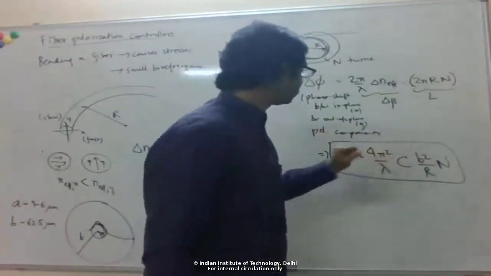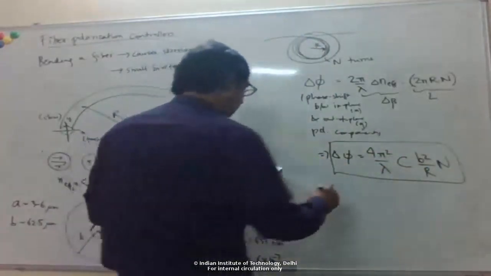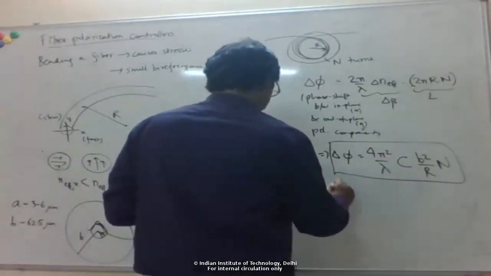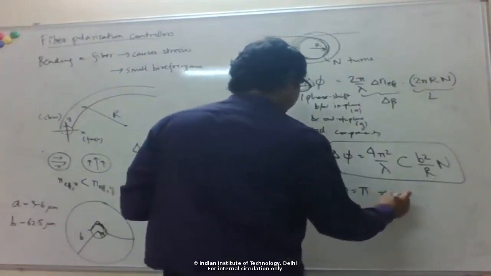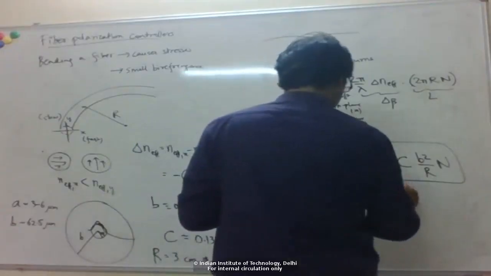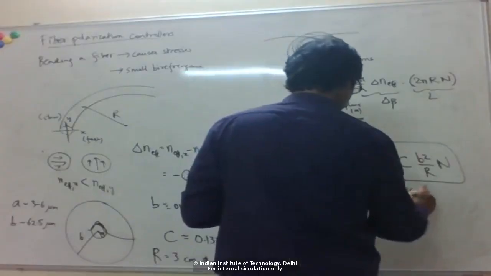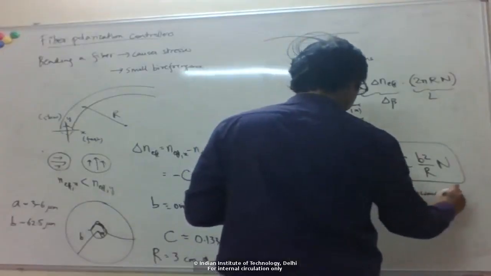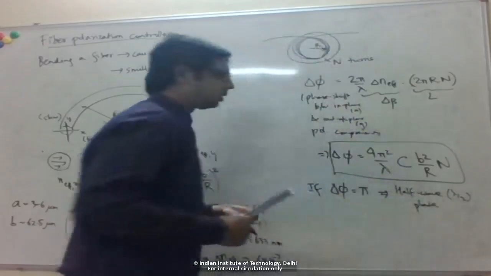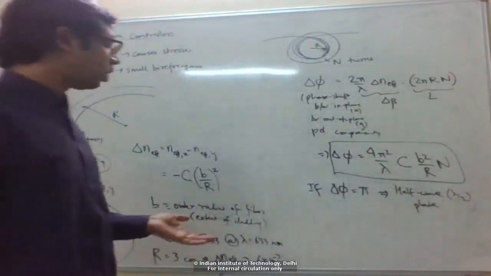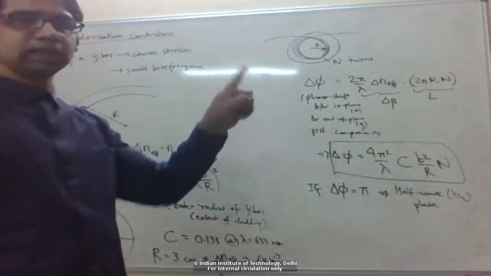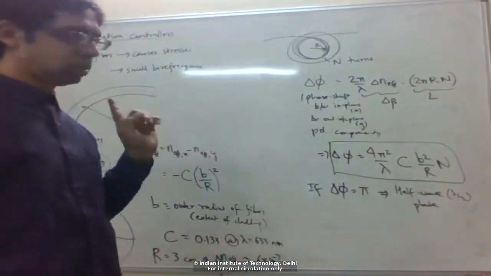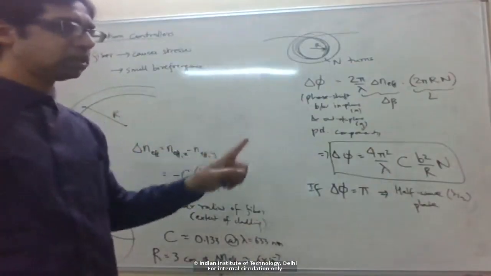So if you choose the parameters such that this delta phi is equal to pi, then this is like a half wave plate. And recall from basic optics that a half wave plate can be used to rotate the linear polarization. The input light has some linear polarization along some direction.